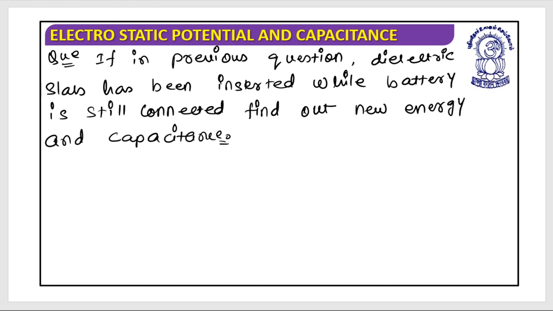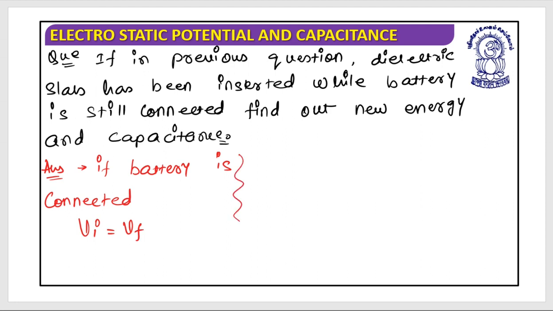What I know is, if the battery is connected, then Vi should be equal to Vf. Final capacitance would be equal to K times the initial capacitance. So here Cf is equal to 6 into C initial.